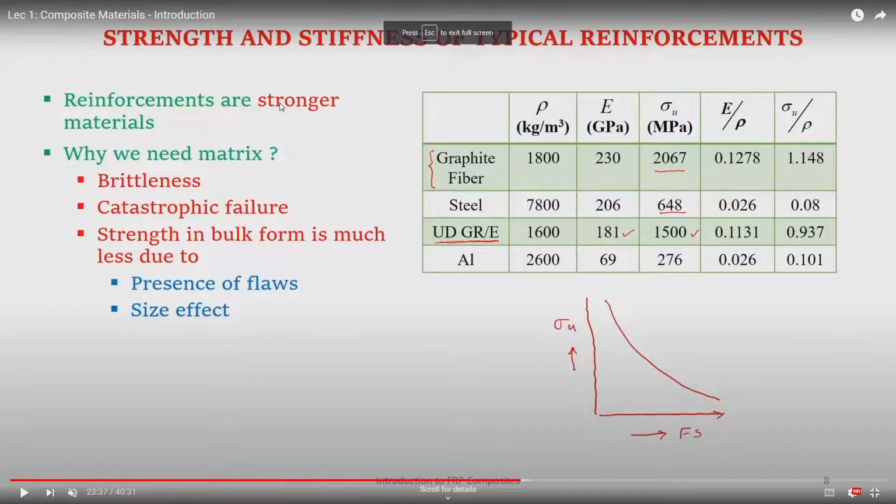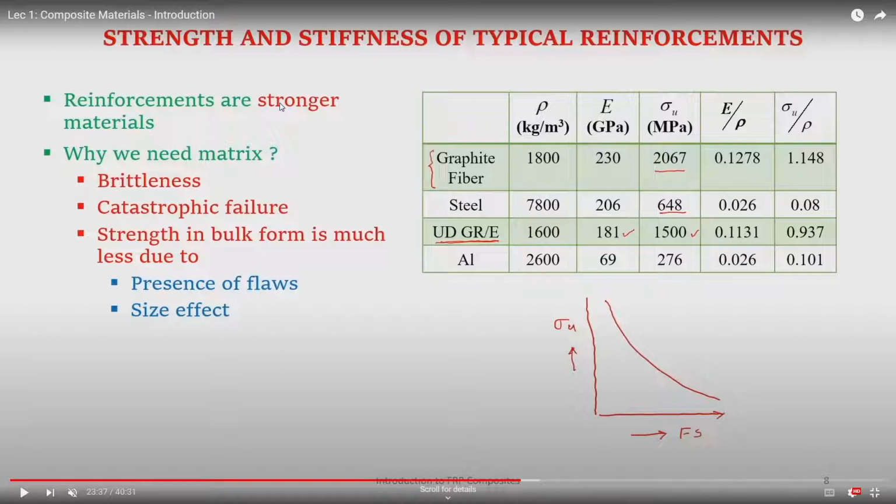In this table you can see that, say for steel and graphite fiber, the idea is to compare the specific modulus. Suppose two materials have the same Young's modulus, but one is much lighter than the other. The density of one is less than that of the other.